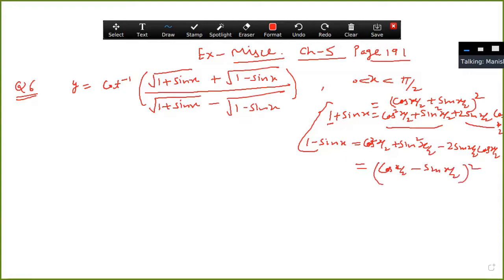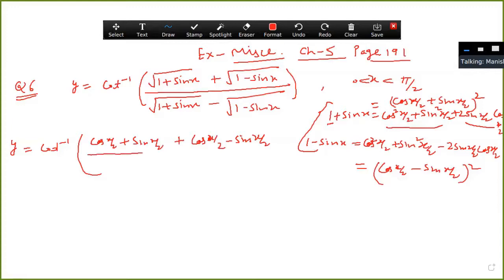If I put the values in this question, then y is equal to cot inverse of: for 1 plus sin x, cos x by 2 plus sin x by 2 whole square. Square and root are cancelled, so I write directly cos x by 2 plus sin x by 2. Plus, for 1 minus sin x, cos x by 2 minus sin x by 2 whole square cancelled by the root, so you get cos x by 2 minus sin x by 2.